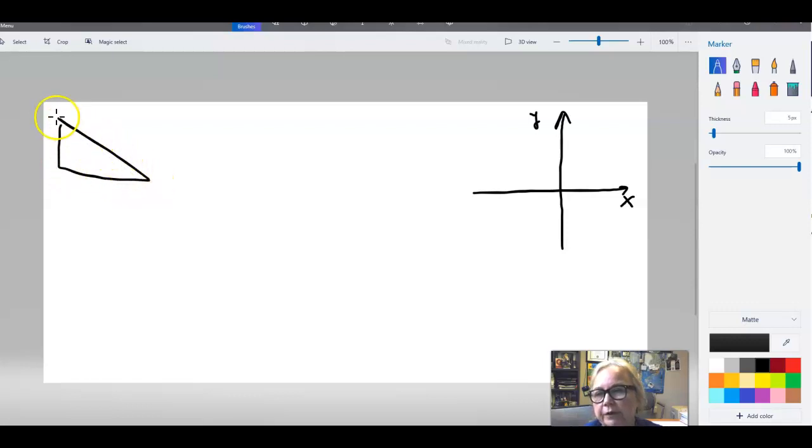If you have a right triangle and say any of these acute angles we can call theta, the legs of the right triangle, you can say A and B, or opposite leg, adjacent leg, and the hypotenuse. We know that the ratio of the sides of all right triangles with the same angle theta will remain the same.